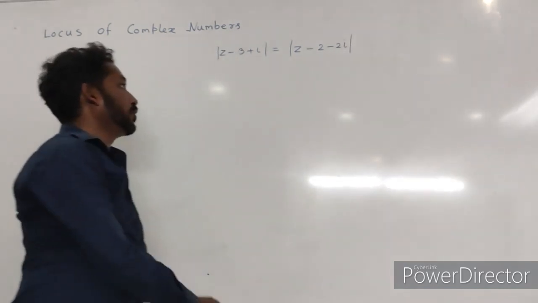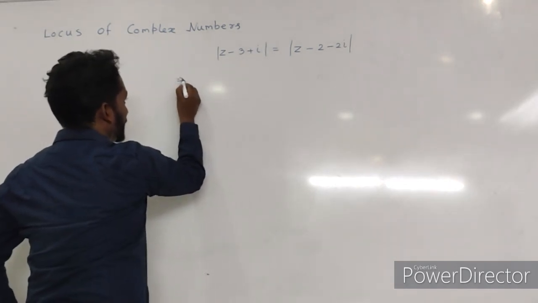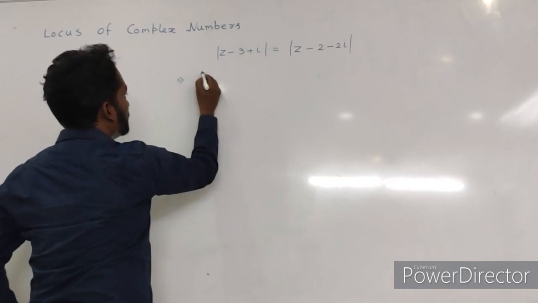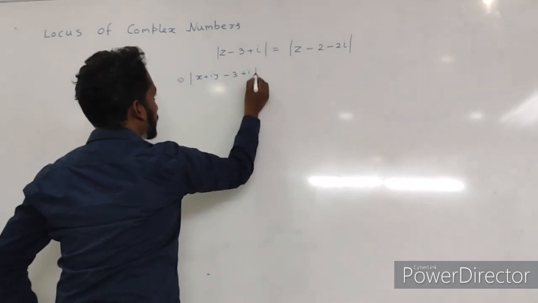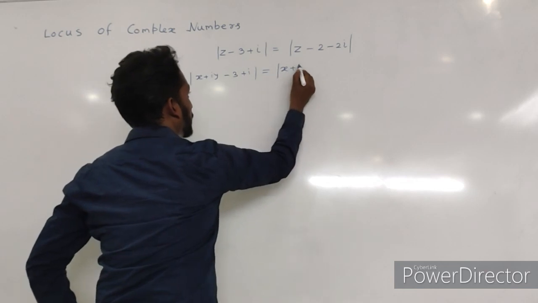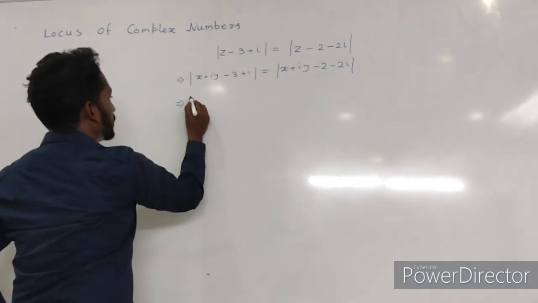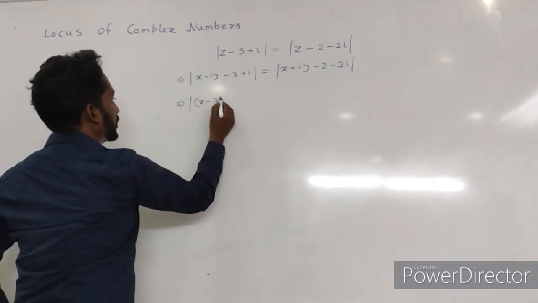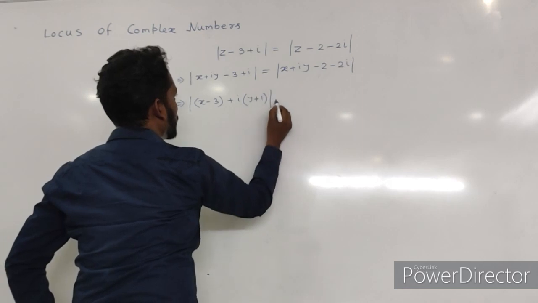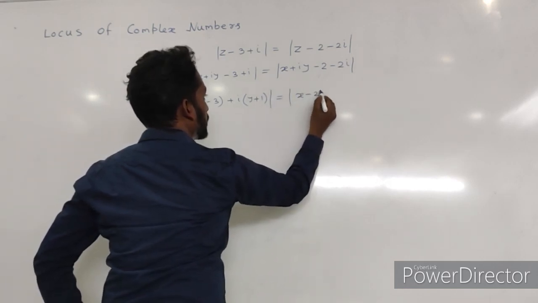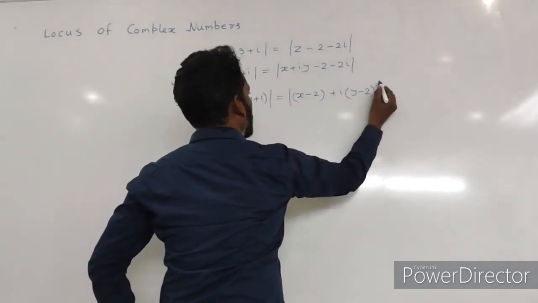Now suppose we want to find out the locus for this one. Now you just see that if I want to write the equation, then it will become this much.